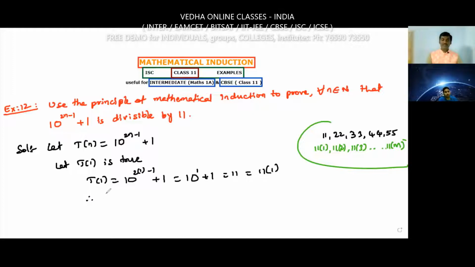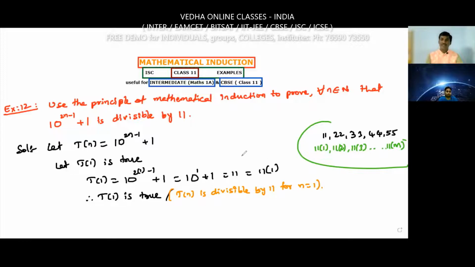Therefore, T(1) is true. Or we can write it as T(n) is true, or divisible by 11, for n = 1.